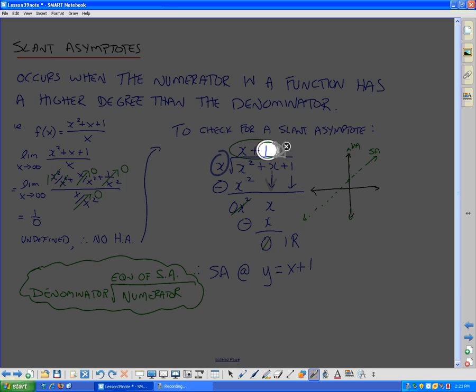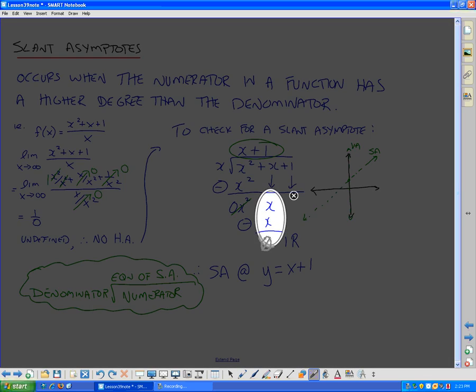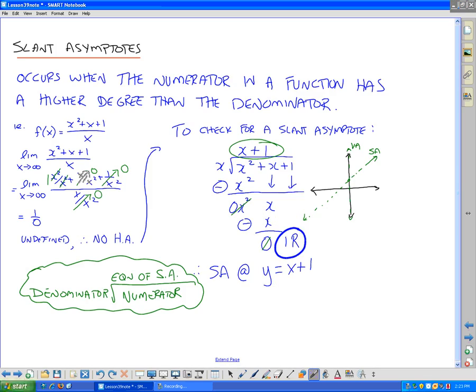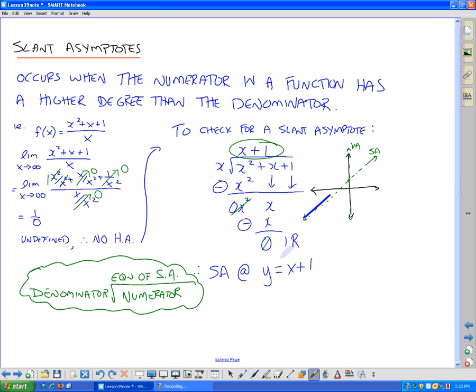I multiplied by 1. So 1 times x will help me cancel out those x's. Now I'm down to a numeric remainder. It's impossible for me to make this 1 into an x using multiplication, so that's how you know you're done. That results in the equation of the slant asymptote: y equals x plus 1.